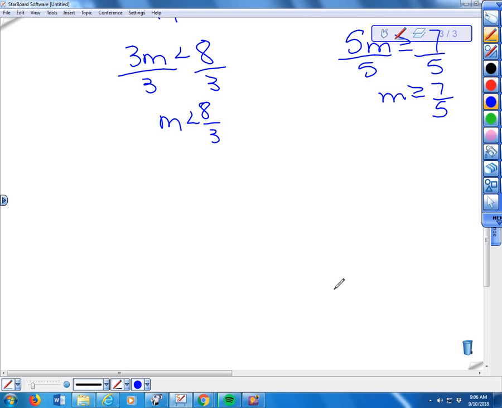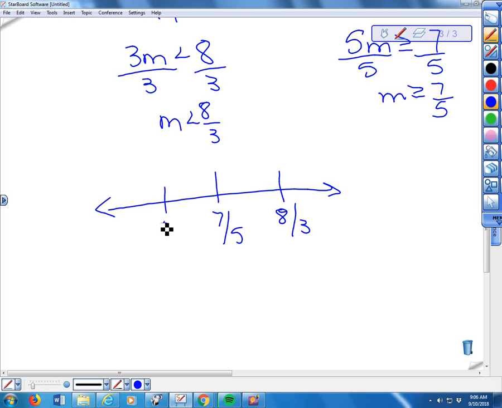How many times is 5 going into 7? That's a good way to think about it. Okay. So on my number line, I know 8/3 is going to be the bigger number. You don't have to be exact. This is more for visual representation.